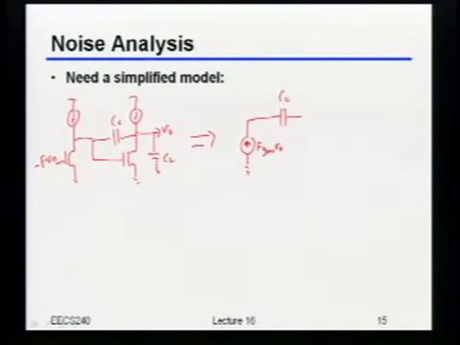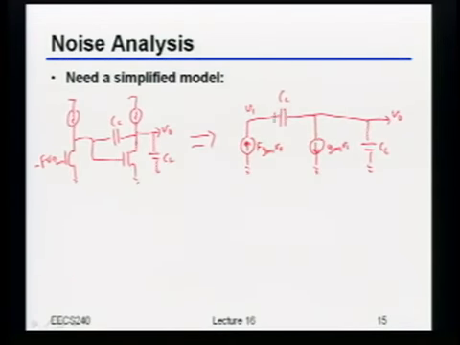I'm going to ignore all the ro's and everything like that, like we typically do for noise calculations. If we call this V1 right here, I'm going to have gm2 times V1, and then I'm going to have my CL at the output right there, and then V out. I obviously didn't draw the noise sources in just yet. I'll do that in a second.